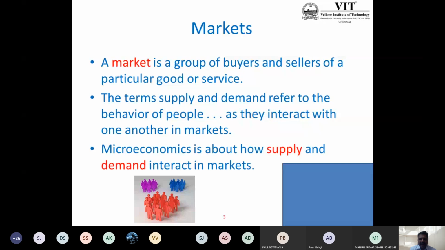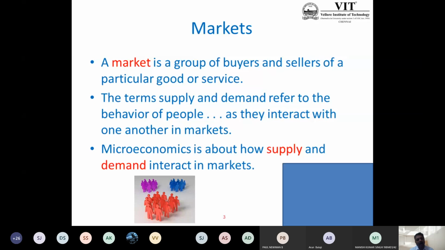Then supply and demand are the behavior of the people. There are people in the market, and they sometimes buy, sometimes sell, and they create demand, they increase the supply. So the terms supply and demand are the behavior of the people as they interact in the market.